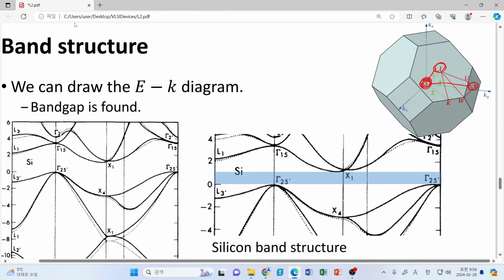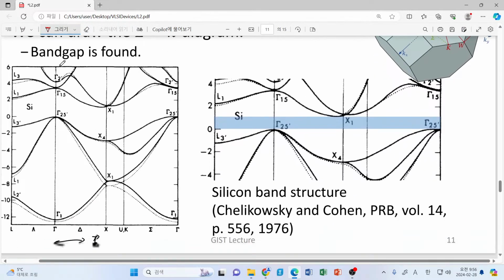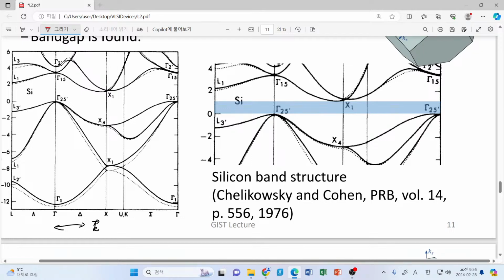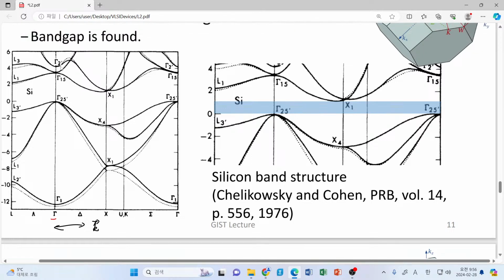So here we start from the gamma point, the origin of the first Brillouin zone, and go to this X position, or go to this L position, and just draw that way.